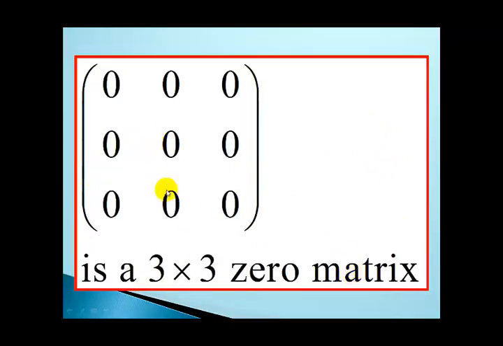Now this is a 3 by 3 0 matrix because we have 3 rows, row 1, row 2, row 3, and we have 3 columns, column 1, column 2, column 3. So this is a 3 by 3 0 matrix because all the elements are equal to 0.